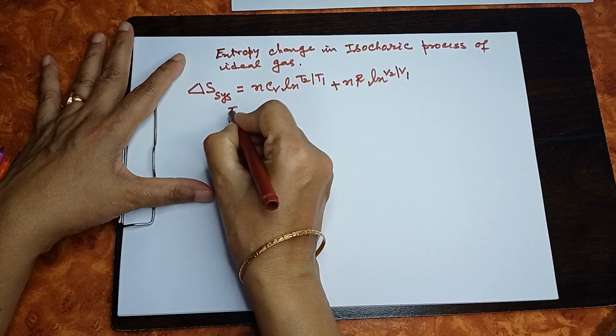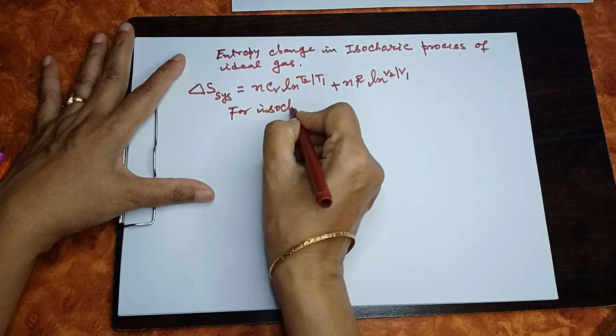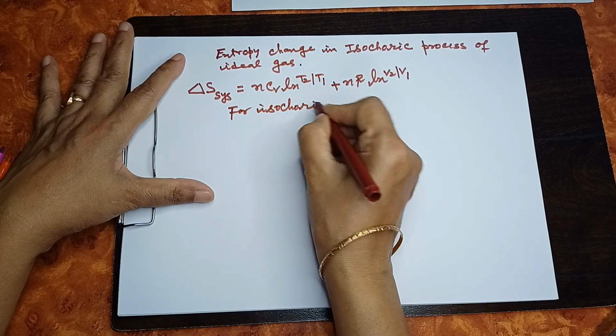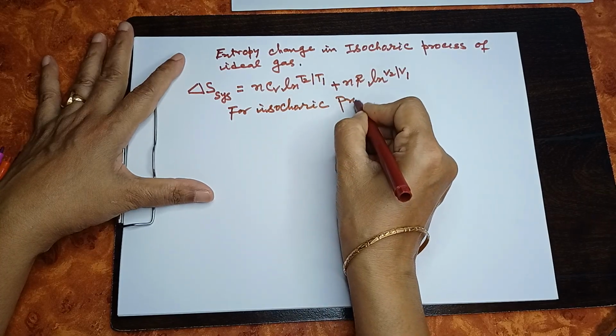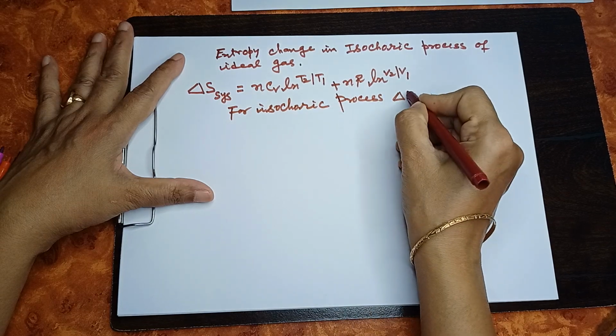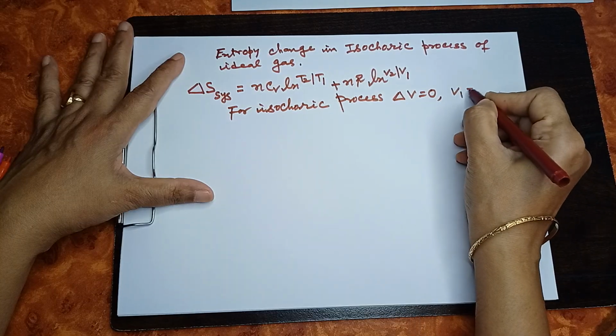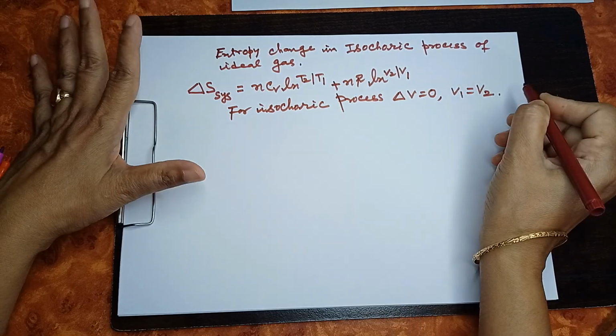Now, for the isochoric process, delta V is equal to 0, or we can write V1 is equal to V2.